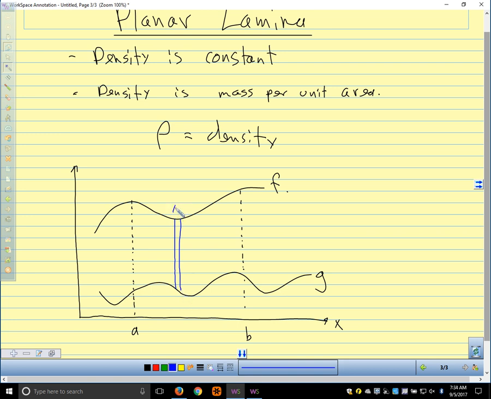I'm going to say that the thickness of that strip is delta x, and it is located at x sub i, with the center of that at y sub i.